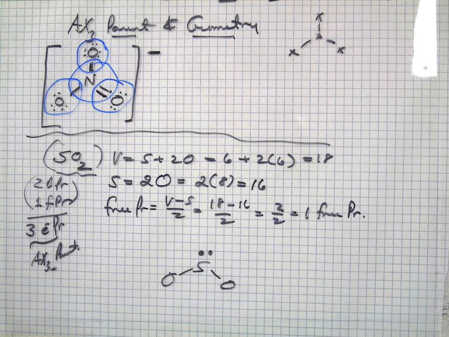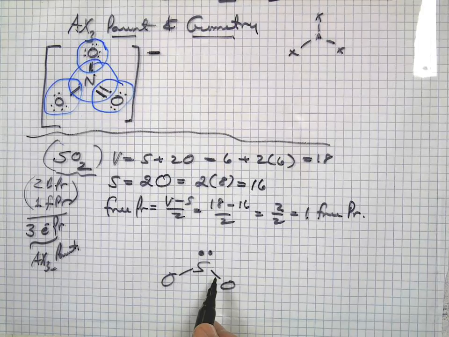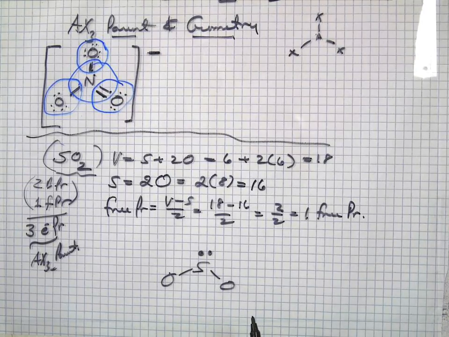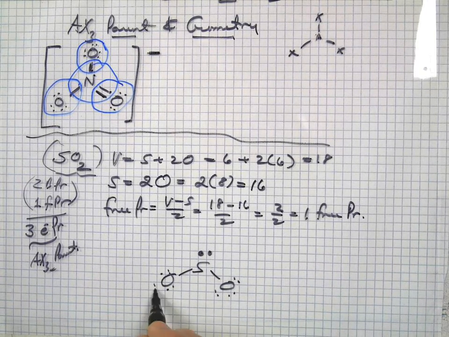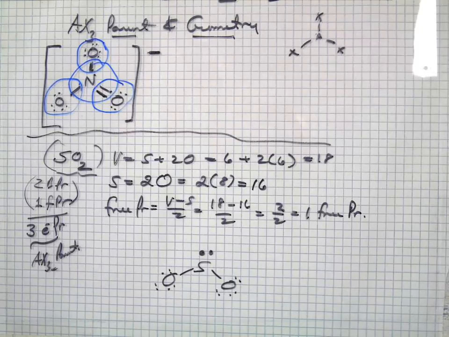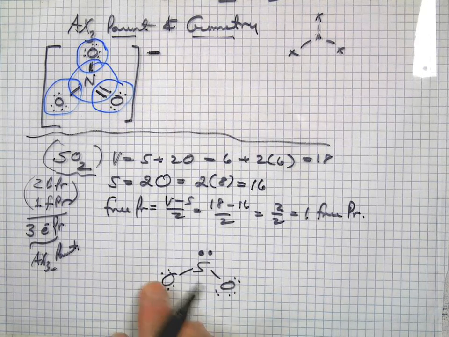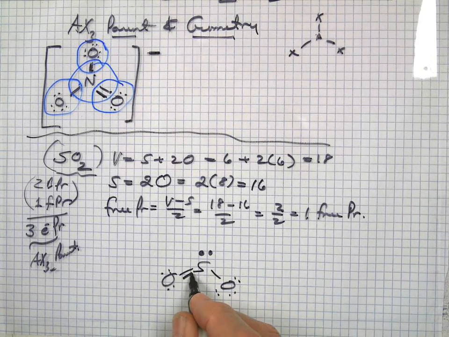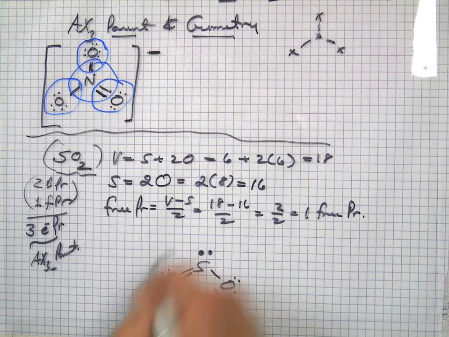And this is what I was showing you a minute ago. If we put this structure like this, not everything is showing up in octet. Like if I went here, here, here, here, and here, 2, 4, 6 is not an acceptable number of electrons for the sulfur. So if that's the case, I can just simply move 1 in here like that. And everybody is satisfied in it.